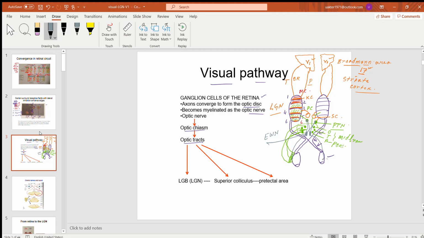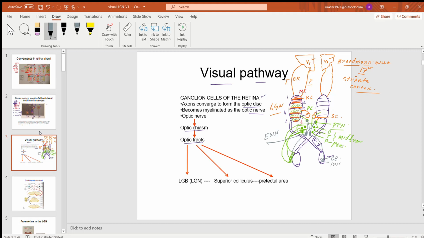the iris to regulate the shape of the lens for accommodation and the size of the pupil. Okay, so ciliary body or ciliaris muscle and iris.